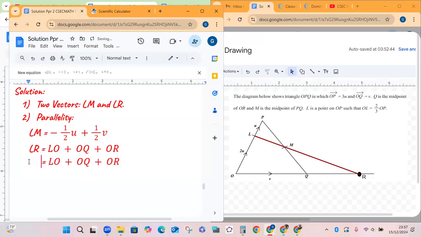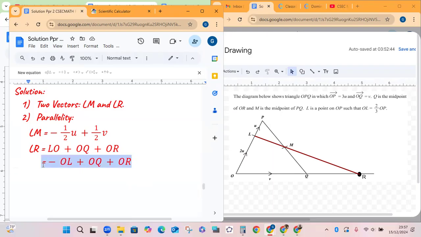LO is opposite to OL. The symbol to translate the word opposite in vectors is the negative sign. So LO is minus OL. And we have OQ plus QR.